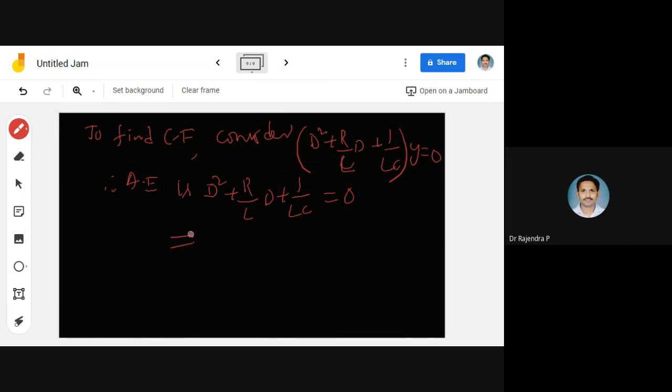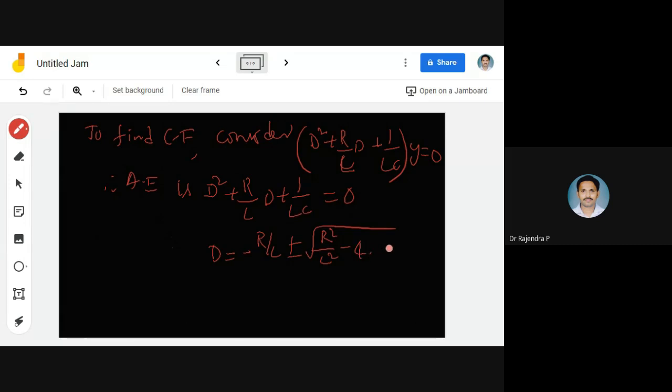Anyway, we have to find the roots. This implies D equals minus B, means minus R by L, plus or minus under root B square, R square by L square, minus 4AC.